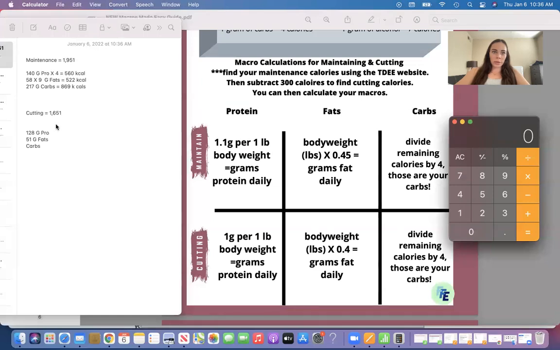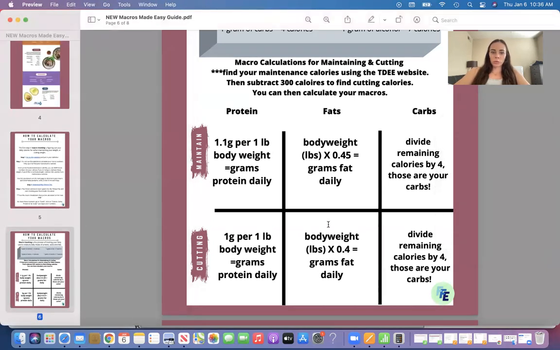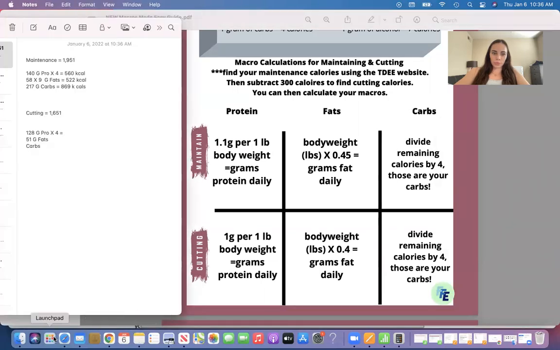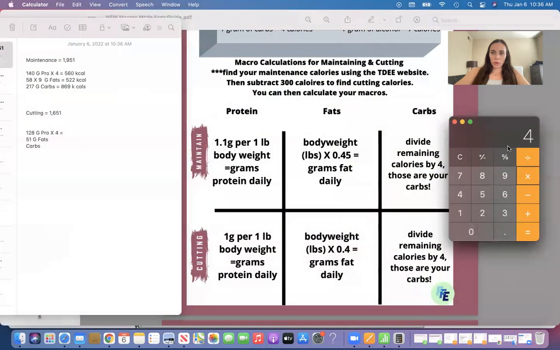So same thing we did up here, 128 grams of protein times 4 calories per gram. 128 times 4 is 512 kcals coming from protein.